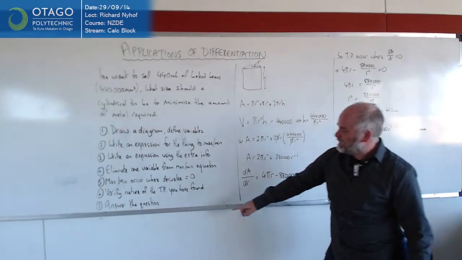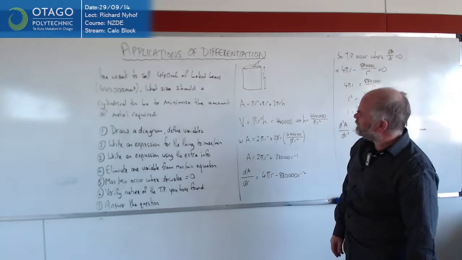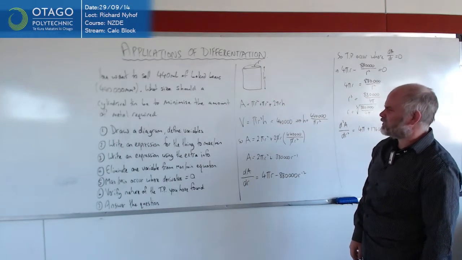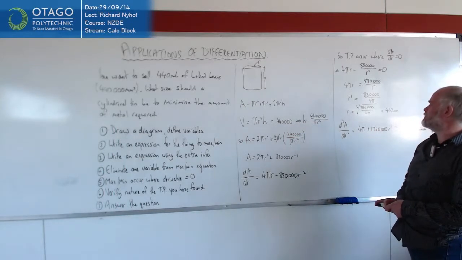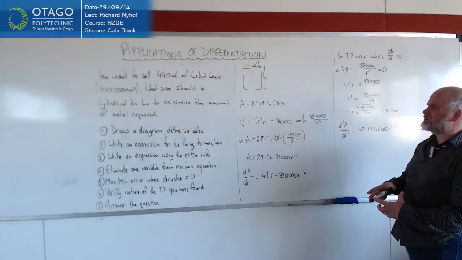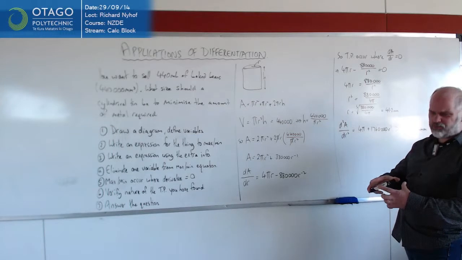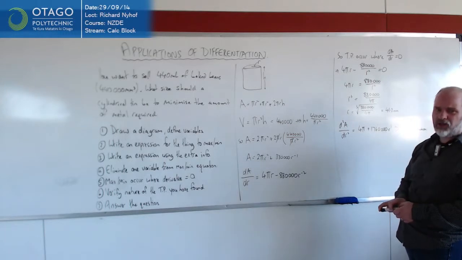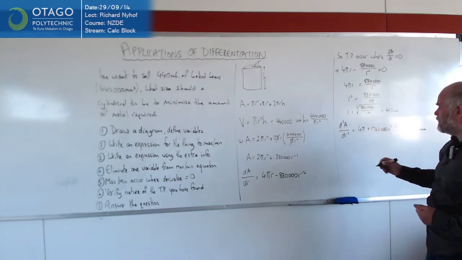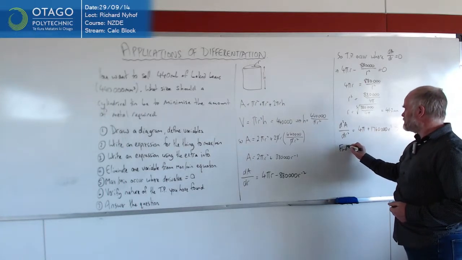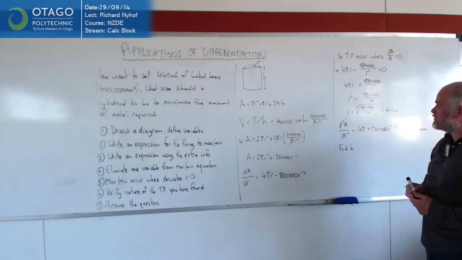Step 7, answer the question. What was the question? What size should a cylindrical tin be? I think if I just told you that the cylindrical tin was 41 millimeters across, I haven't really said what size. You probably want to know the height as well. I think I've only answered half the question, so I really need to find h as well. So how am I going to find h?